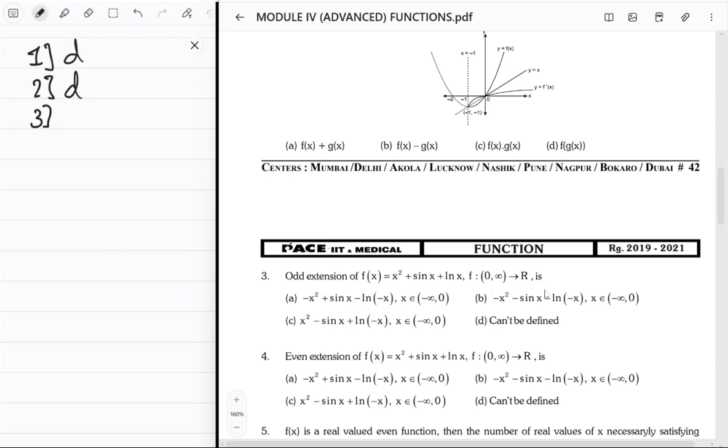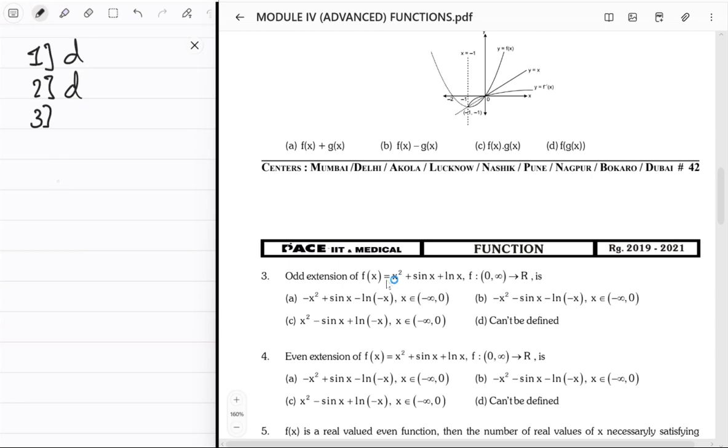No, this doesn't look good. What is this negative natural log of negative x? The way to do this is, instead of x, just put negative x. It's the odd extension of that guy, right? Since x is in the negative domain, instead of x, put negative h.